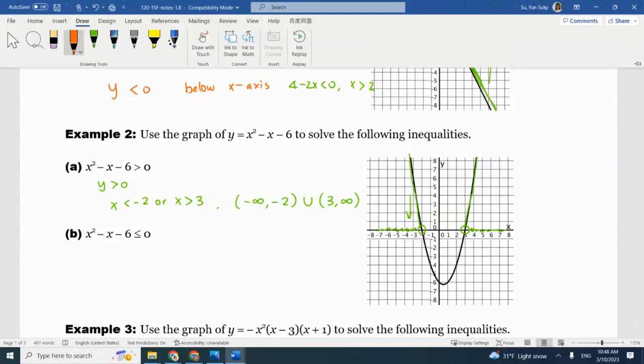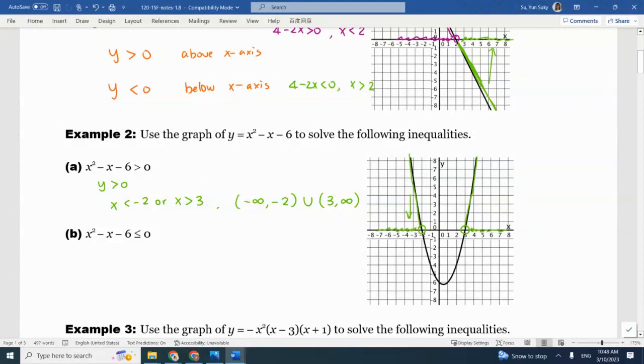This is part A. How about part B? Less than or equal. Less than means is below. Ooh, which is this piece, right? But or equal. Equal means you include the endpoint. Okay, so y is less than or equal to 0. Can you tell me what the shadow, what are your x values? -2, parentheses or brackets?